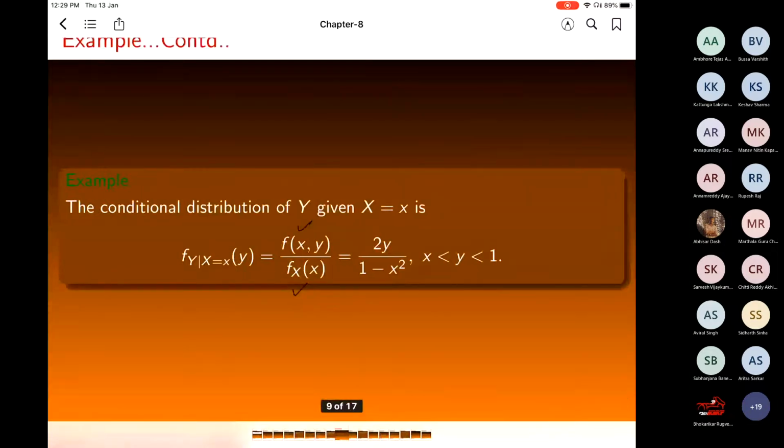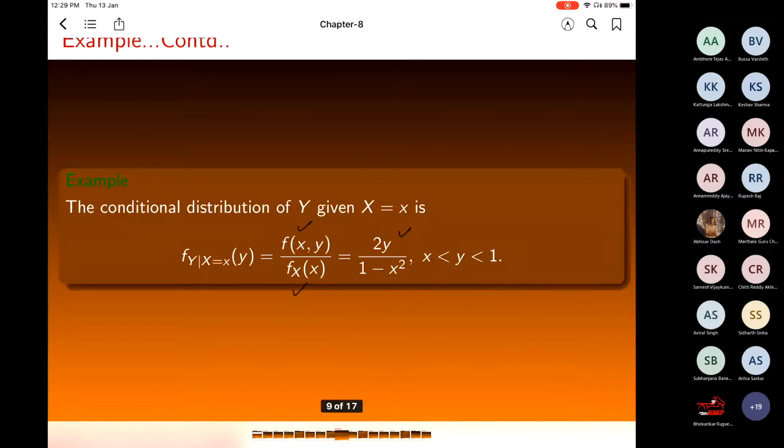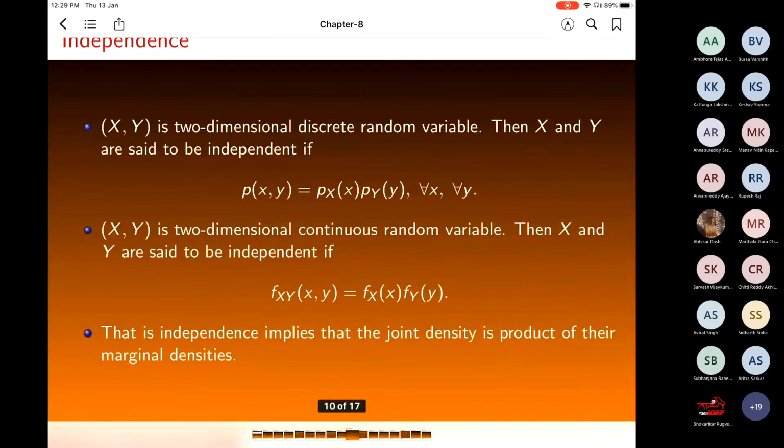So that will be 2y upon 1 minus x square, where y is between x to 1.